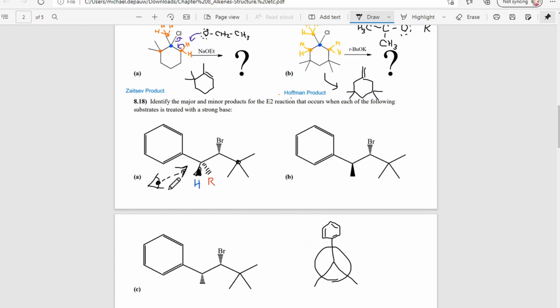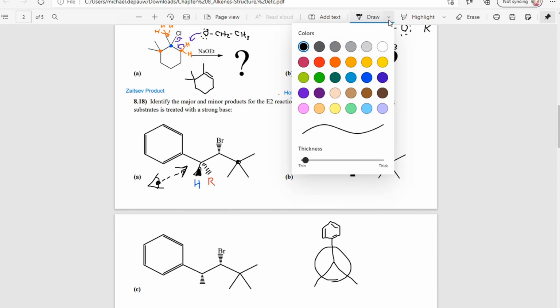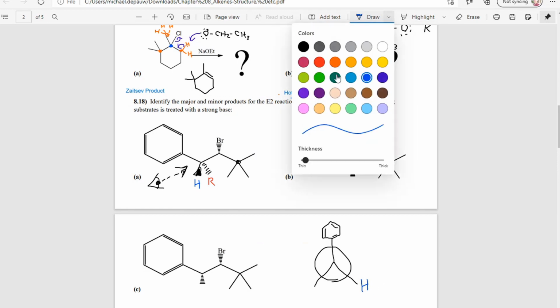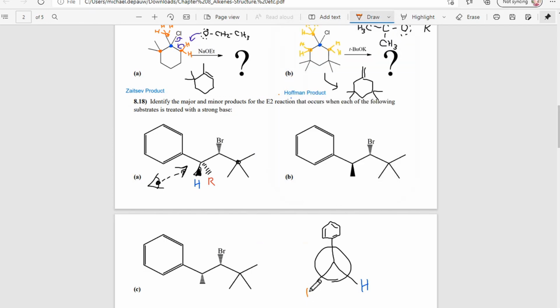Now, if I rotate this thing so that the eye corresponds with my eye, then essentially the hydrogen is going to be on what side? The right or the left? The right. Yeah, it's going to be on the right. So the blue hydrogen is going to be on the right, and the red hydrogen is going to be on my left.